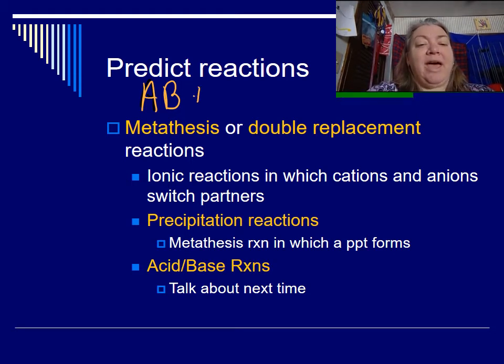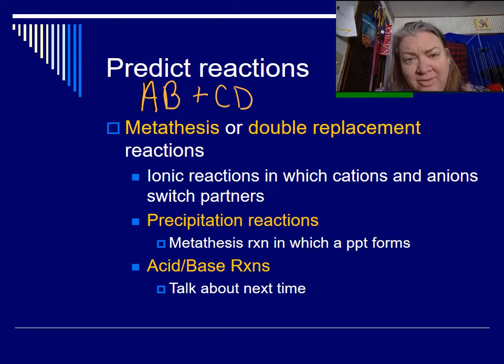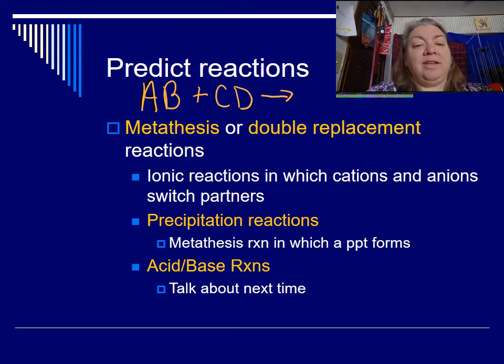And we're going to react that with another compound, which we'll call compound CD. Again, it's just a way that we can generically write this compound. C is your positive part, D is the negative. Now these two are going to react. The positive of one can't react with the positive of another.